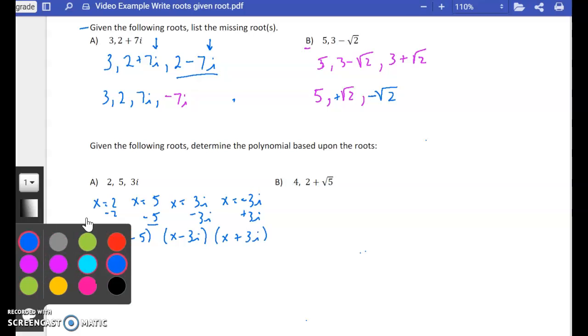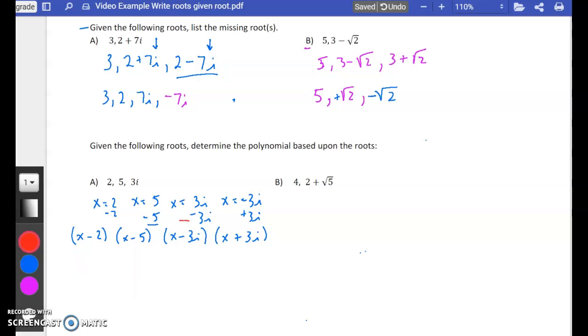And here is what I will do when I'm working these kind of problems. I will go ahead and do these together, because what's going to happen is I'll have my x, and my x is x squared. I have x times a positive 3i, and I have an x times a negative 3i. Those two are going to cancel out.